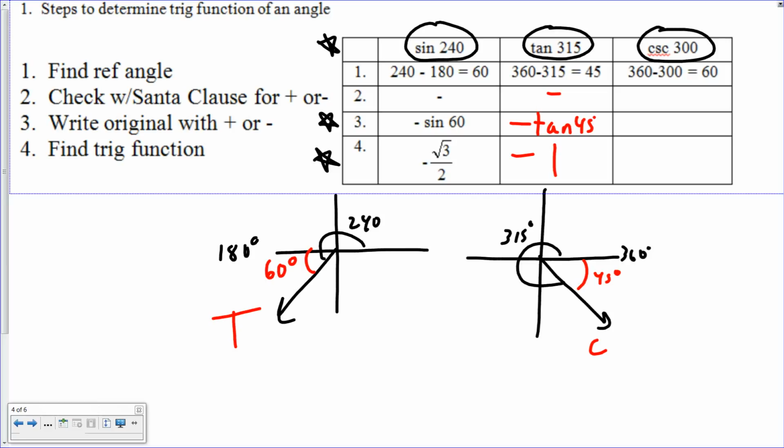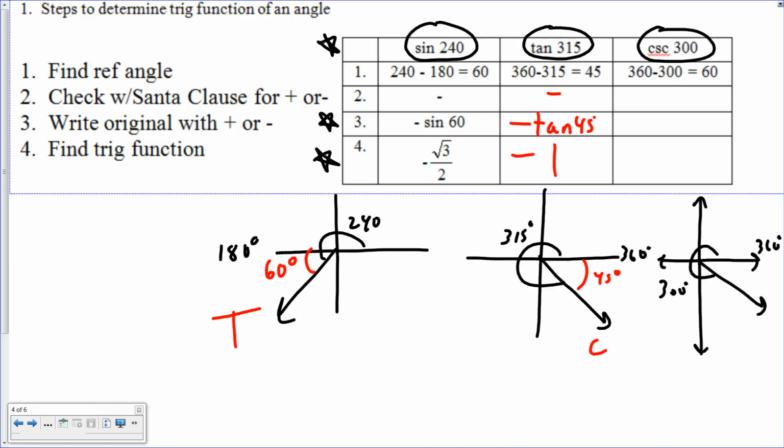Cosecant of 300. I want to draw. And I'm going to see that I have 300 here. Again, this is 360, 300 all around. You're going to see that what is going to be the remaining angle? The remaining angle is going to be 60 degrees.